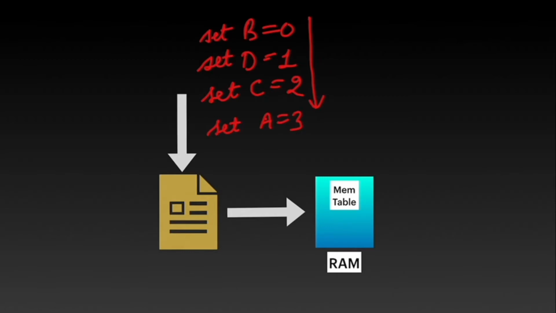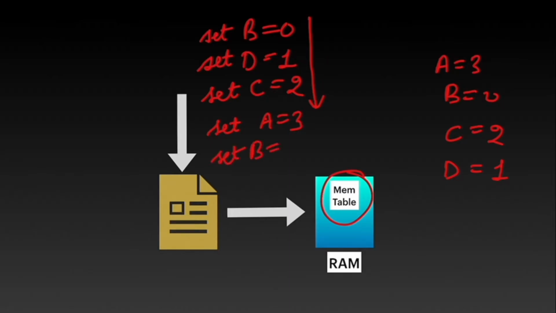Now when I write those records in the memtable, I write them in sorted order: a = 3, b = 0, c = 2 and d = 1. And if there is an update, let's say set b = 1, I will find that key in memory, because it is very easy to find a particular key in memory, and I am going to update that record.